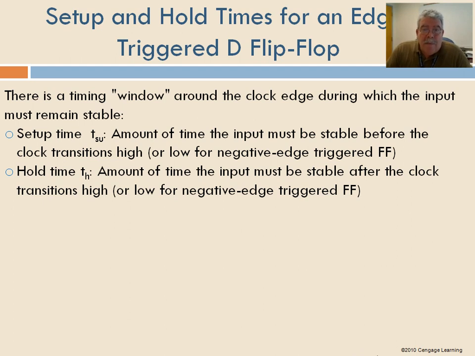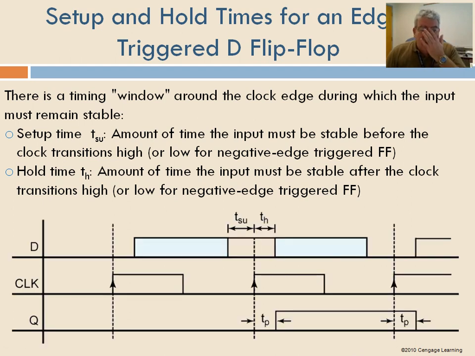In other words, let's see how we depict that. See that this is the input for a D flip-flop, the edge-triggered flip-flop, and this is our clock. In this case, the graphic basically says that we take care of the clock when the clock is going up.